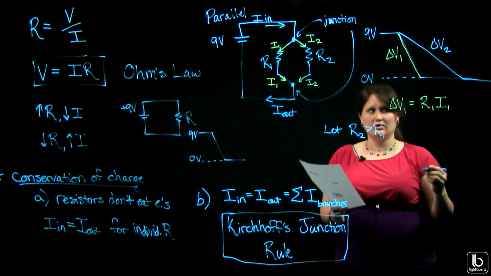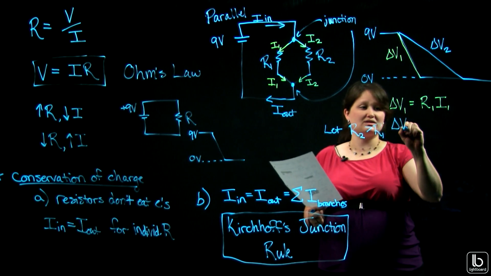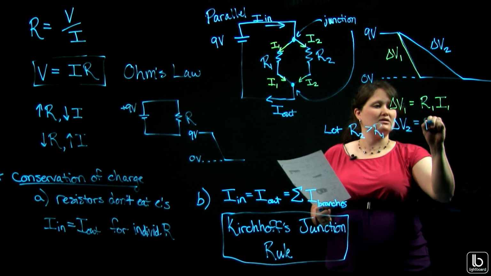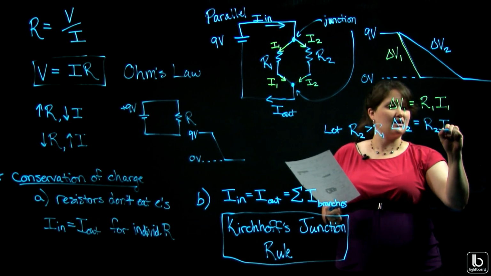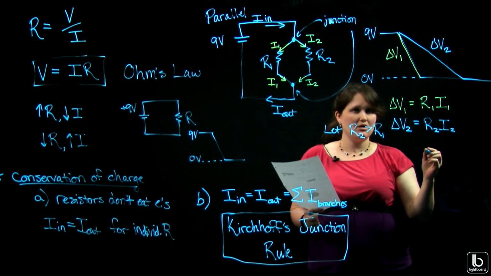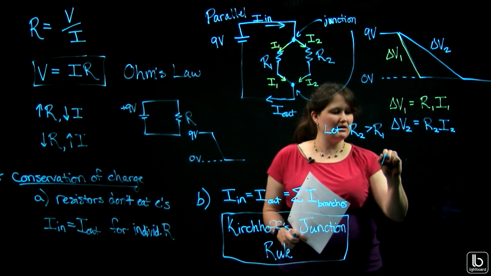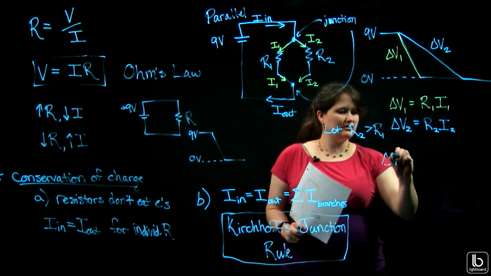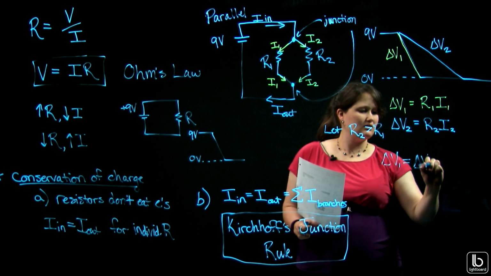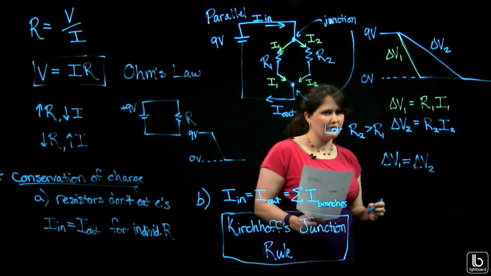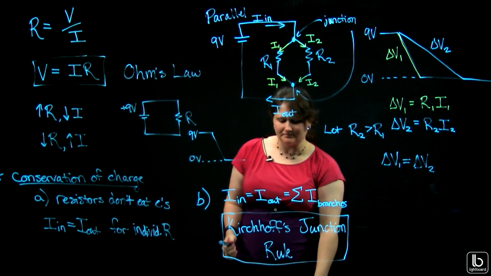And so we can still say delta V2 is R2 times I2. But the thing is, we're saying that delta V1 is equal to delta V2.